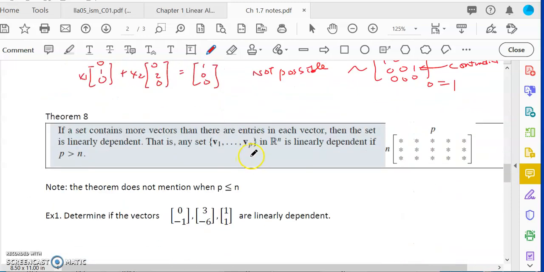So you can use the linear combination concept to determine if a set is linear independent or not. There's another theorem, Theorem 8, which is also useful. If we have more vectors than there are entries in each vector, then the set must be linear dependent, right? So for example, I have 5 vectors but I only have 3 rows. So obviously this must be linear dependent. Why?